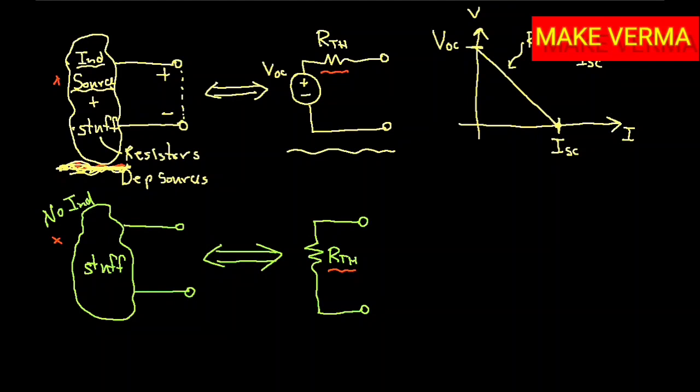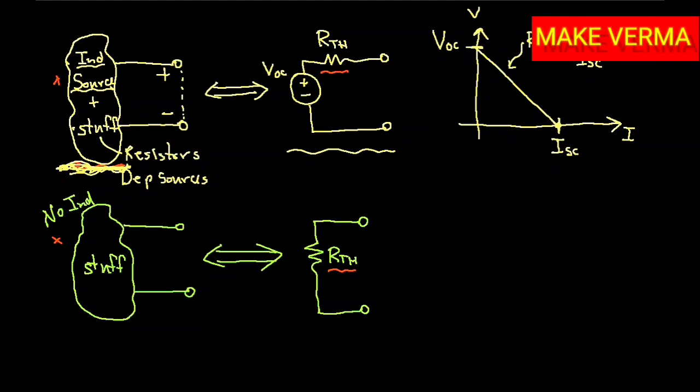You can only do that if, when you set all the independent sources to 0, you have no dependent sources. If you have dependent sources, then you're probably better off finding the open circuit voltage and the short circuit current.